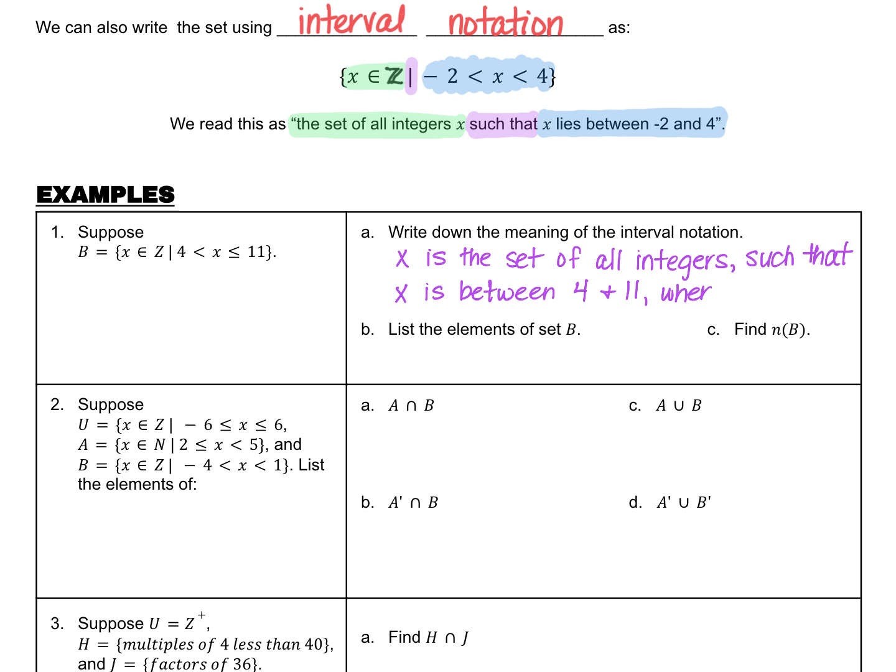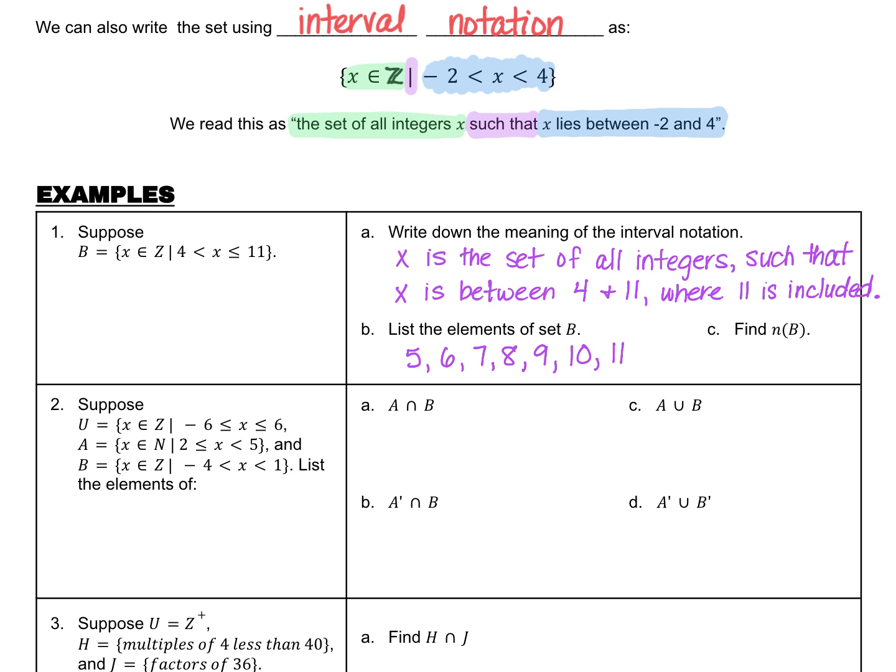And we can say where 11 is included. If I want to list out the elements of set B, I would have 5, 6, 7, 8, 9, 10, and 11.